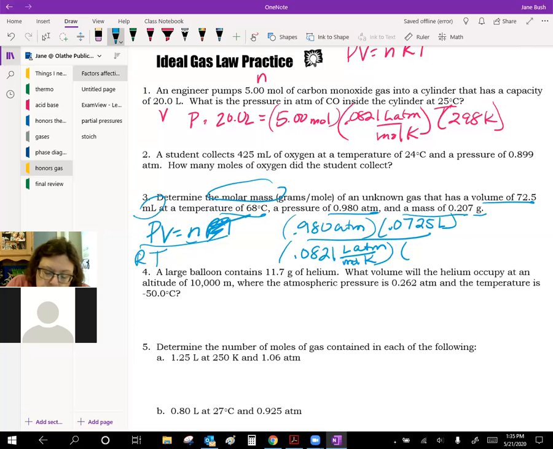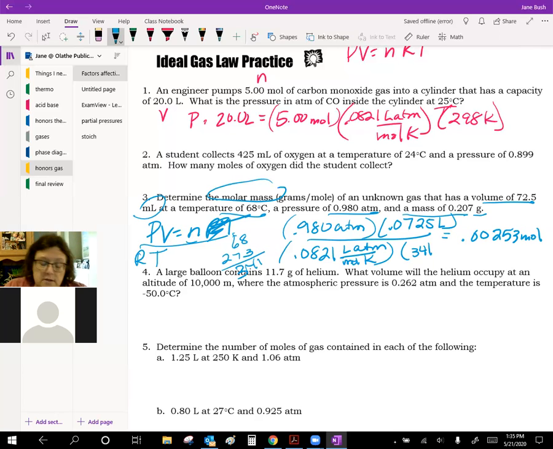And the temperature was 68. I have to add that to 273, which is 341. So if I plug those in, 0.98 times 0.0725 divided by the ideal gas constant divided by 341, we end up with 0.00253 moles.